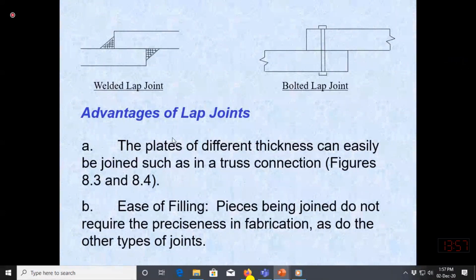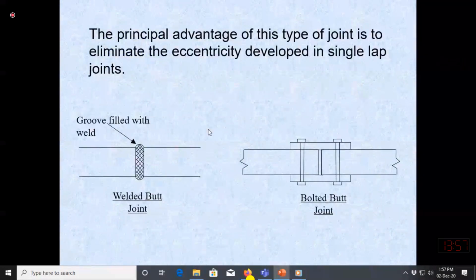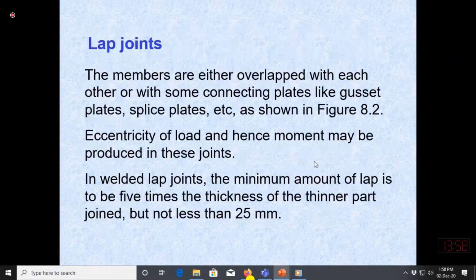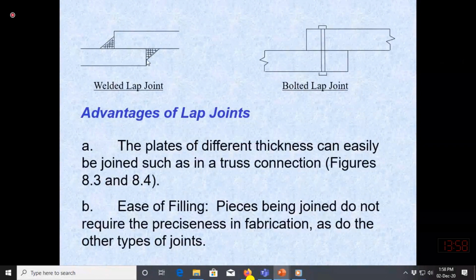Advantage of the lap joint. In the butt joint, we need to cut both plates properly and provide maybe a very small gap, maybe 1 or 2 millimetres, so proper cutting is required. But in the overlap, exact cutting may not be required. The length may be more or less; for example, the minimum should be 25, and it may be 30 or 35.